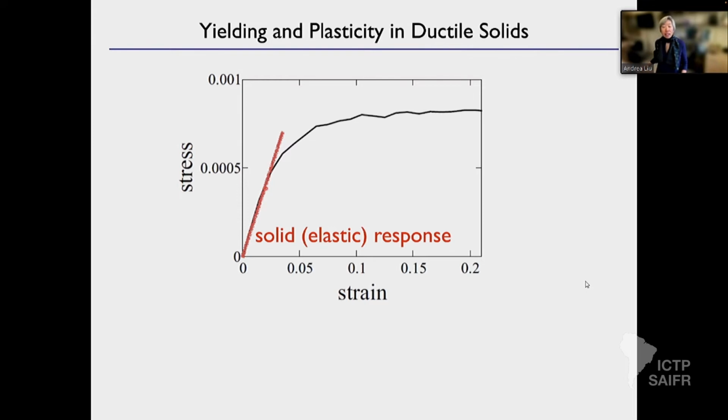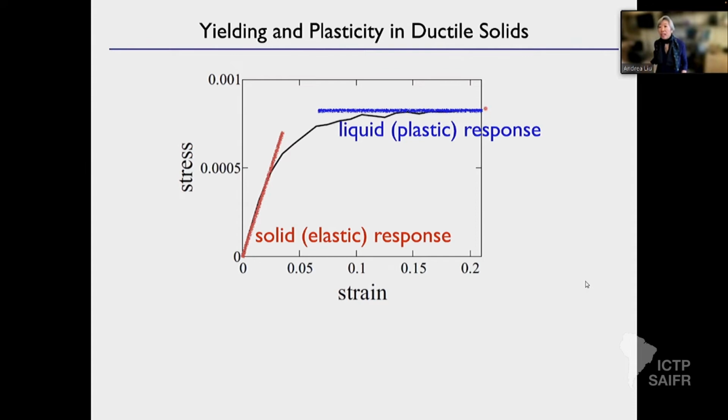Okay, so that's the difference between a solid and a liquid. A liquid, you don't see the solid response at small strains if you wait long enough. But if you apply enough strain, the system will eventually yield and you'll see this liquid response.